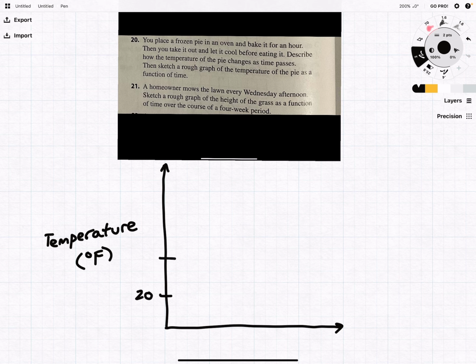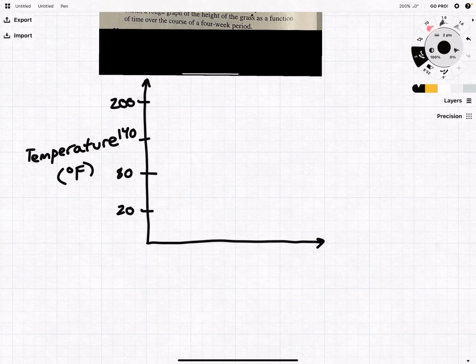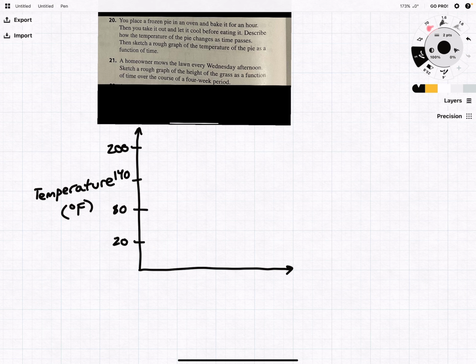We'll do 60-degree intervals, so 80, 140, and maybe 200. Then on the bottom of the graph, we'll have how long? An hour? So we'll do 30-minute intervals: 30, 60, 90. And this is time in minutes.